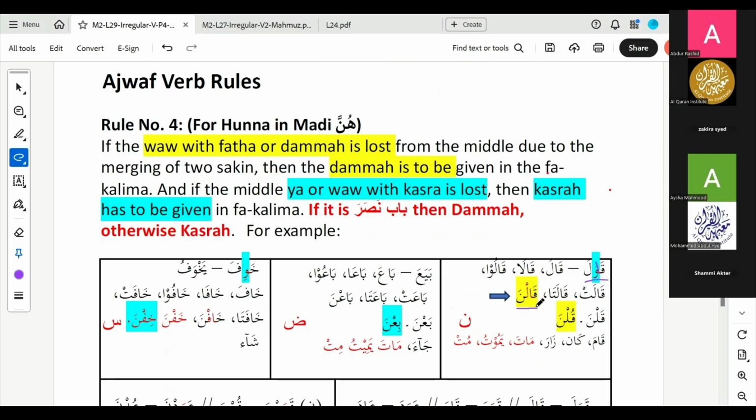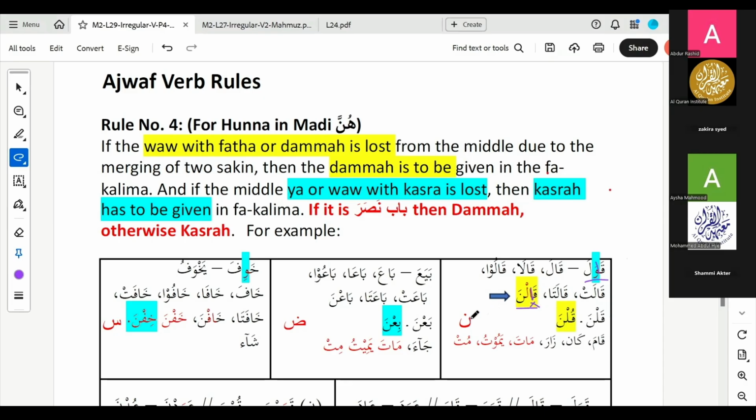Now when you come to the Hunna Siga, we will get two sakins here. One alif sakin and lam sakin. Whenever we have two sakin, the weak letter of the verb, the weak letter of the verb is alif. The waw got replaced by alif. That should get dropped. Then it becomes qalna.